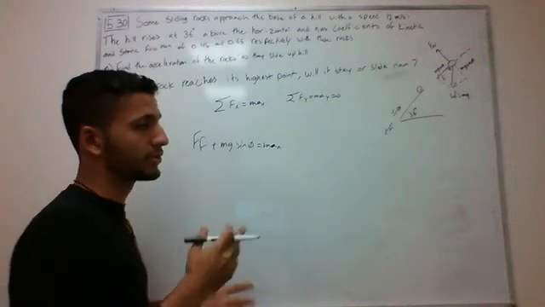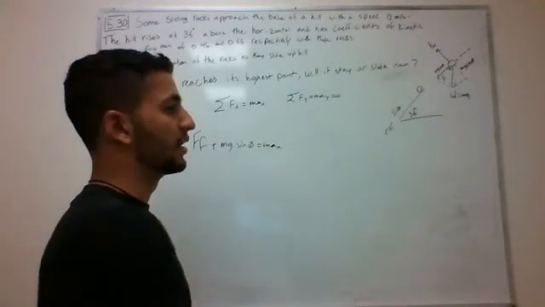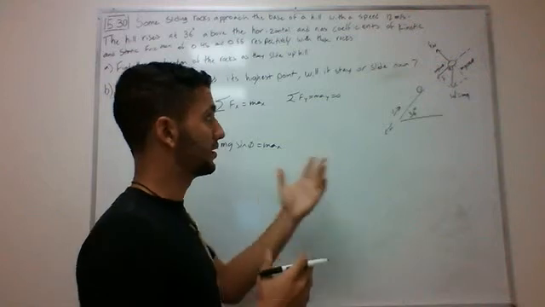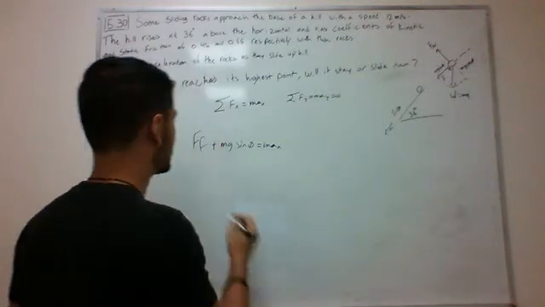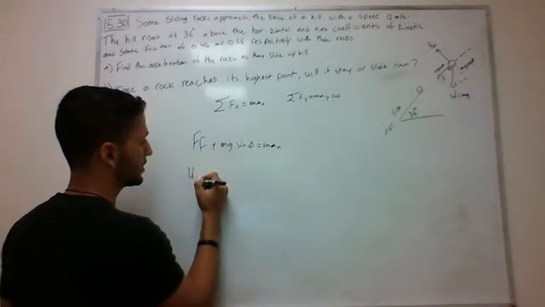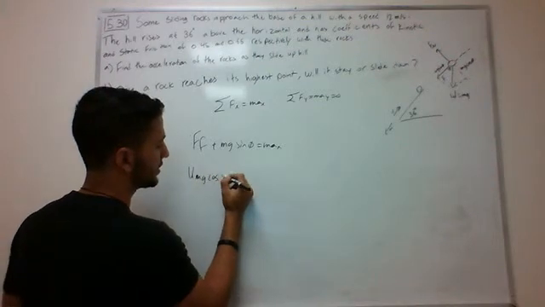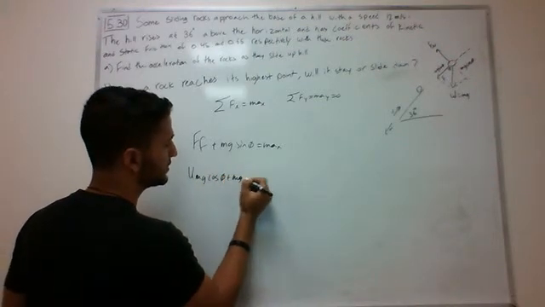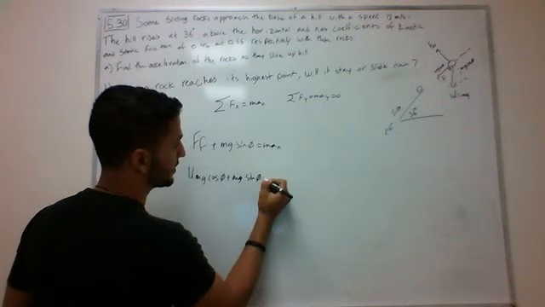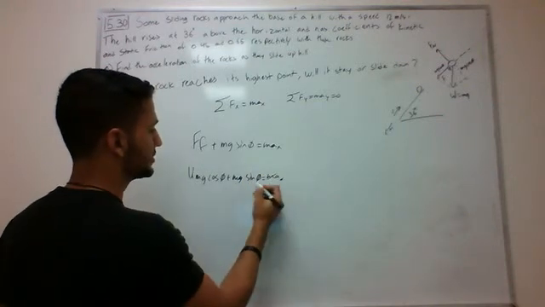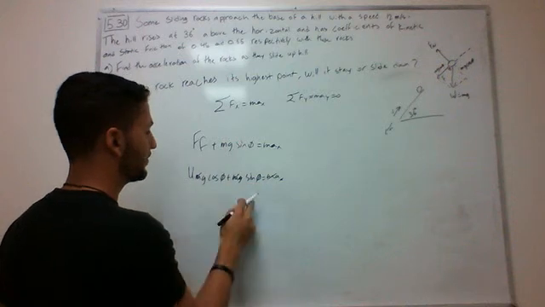Force of friction is going to be the normal force times mu, and the normal force is going to be mg cosine theta. So it's going to be mu mg cosine theta plus mg sine theta equals ma. So we can cancel the m's on both sides. We have a common factor of g.